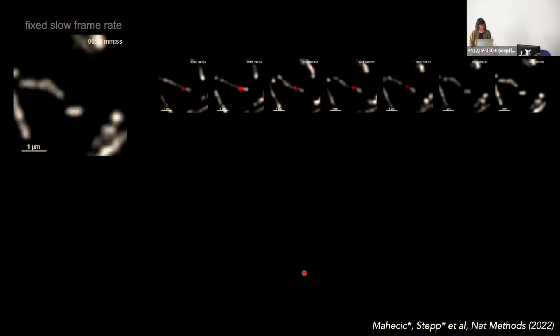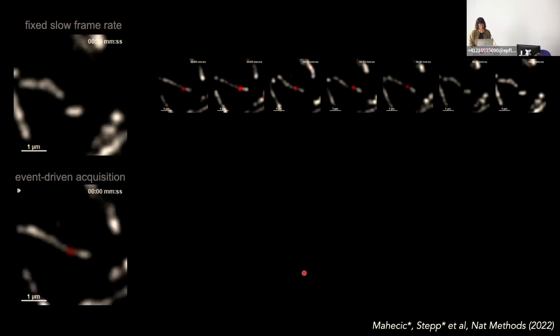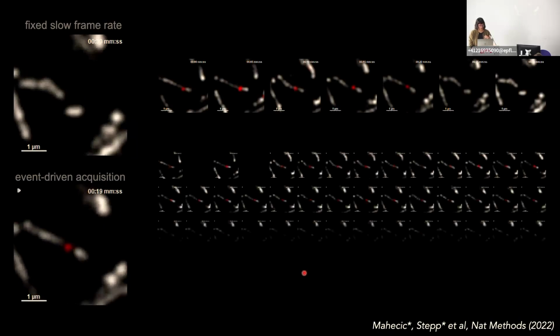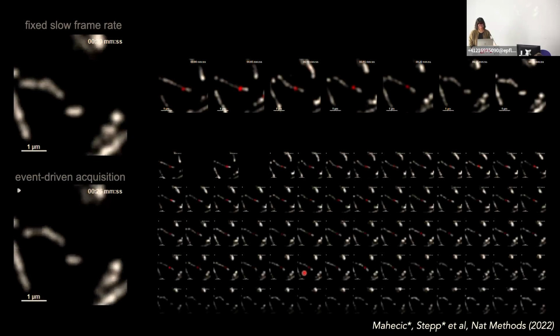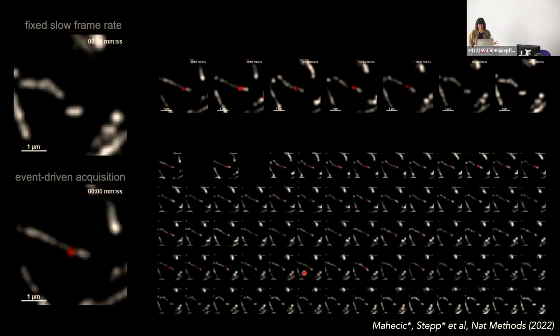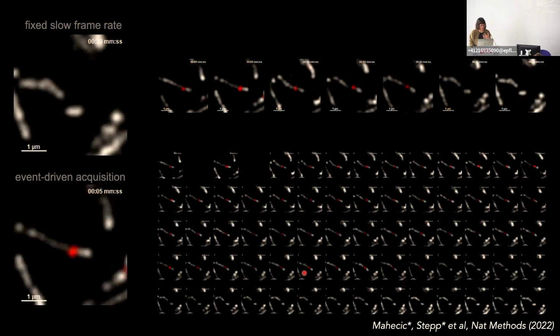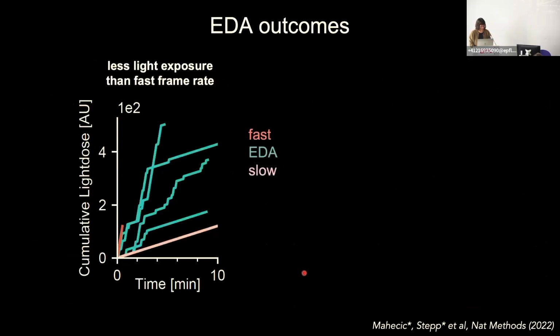But with our event-driven acquisitions, the microscope switches on the fly, and you can see that during the event itself, we can capture a whole lot more data. This is useful. It gives us an enrichment of the data of the kind that we're interested in. So it's more or less what we've been going for, right?